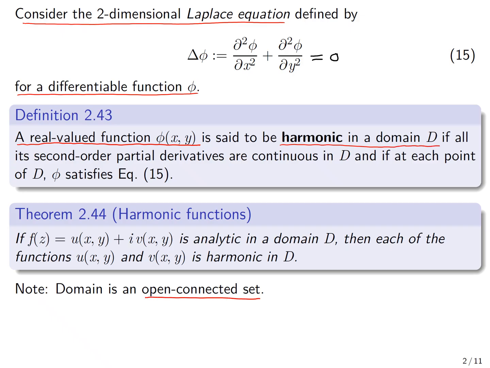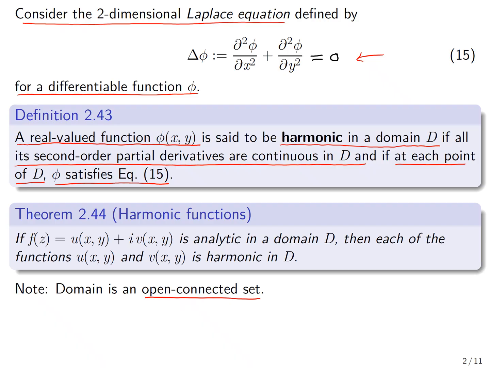If all its second partial derivatives are continuous and at each point of D, phi satisfies the Laplace equation, then we call it a harmonic function.